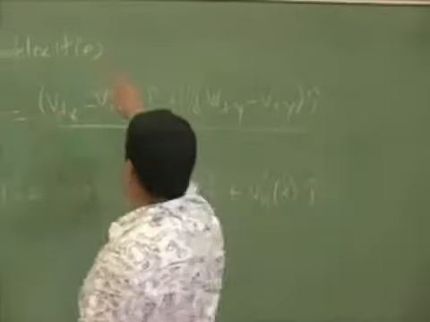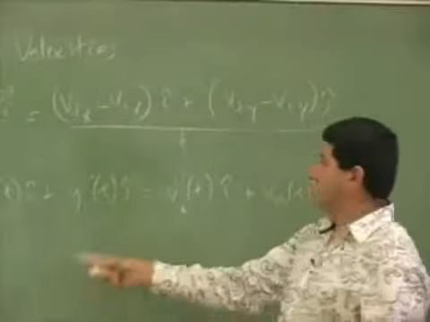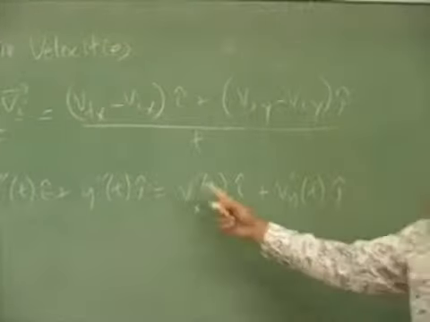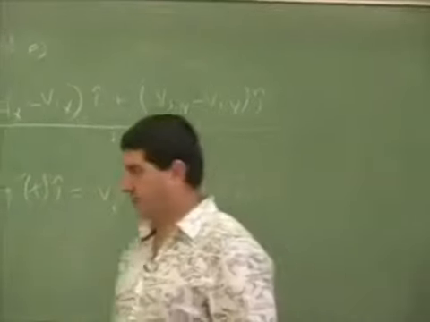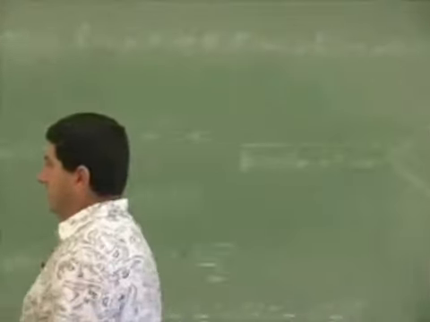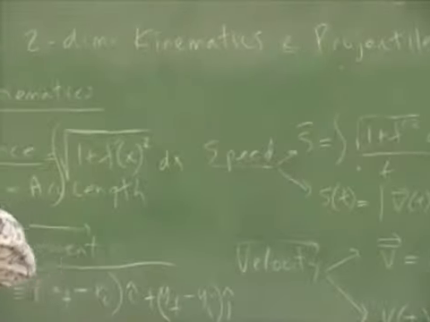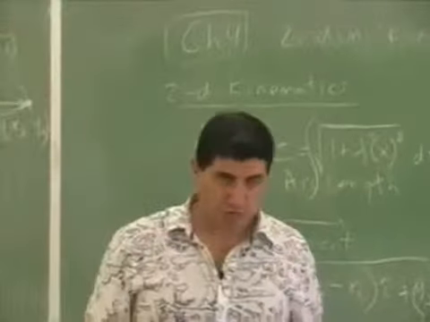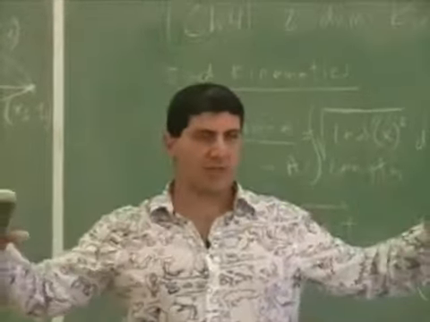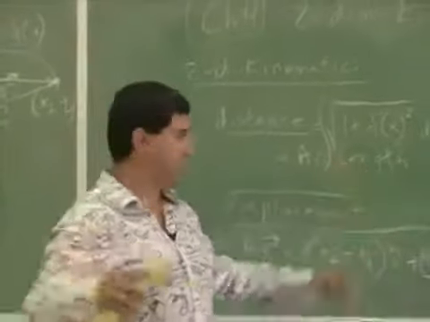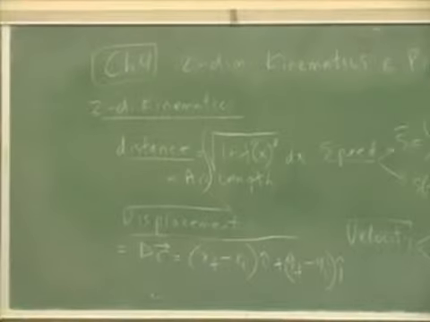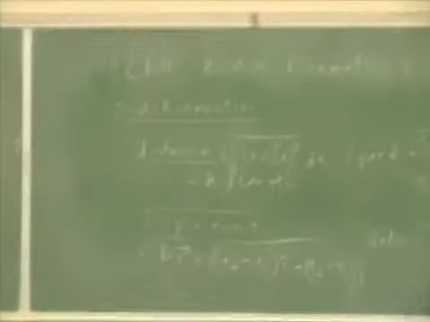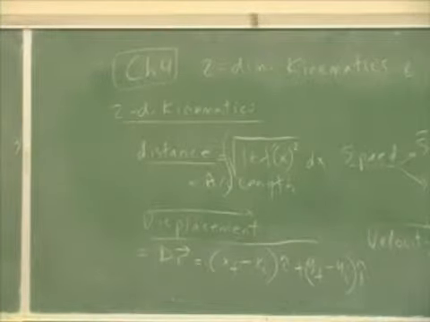So this breaks down into this, and then this one breaks down into this. So the derivative of the x component of the velocity and the derivative of the y component of the velocity. So this is basically very similar to chapter 2, except we expanded it to two-dimensional analysis. Okay, let's do one good example that will utilize all this stuff.